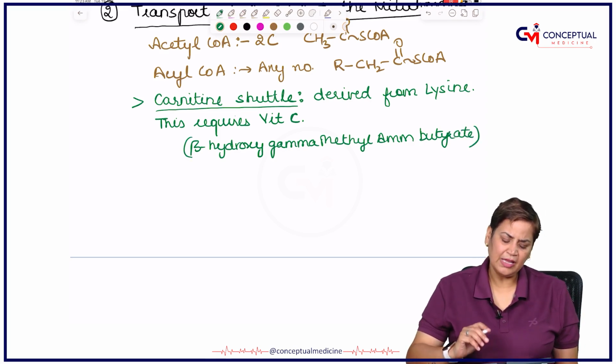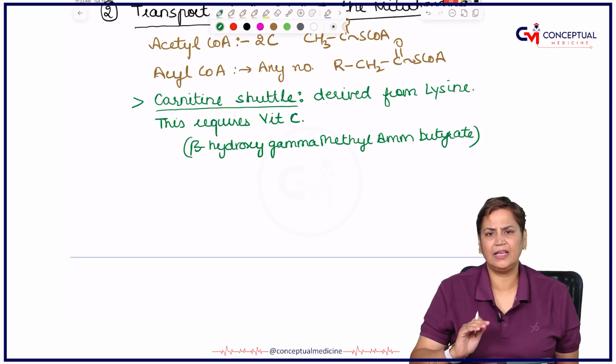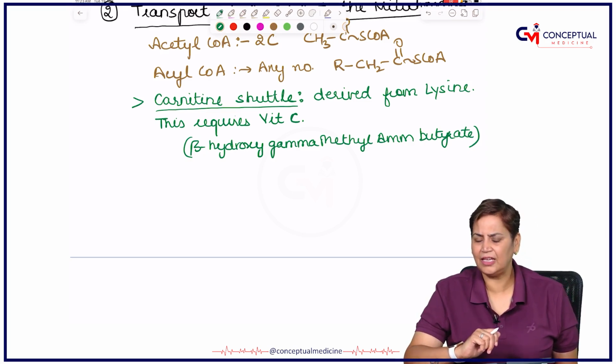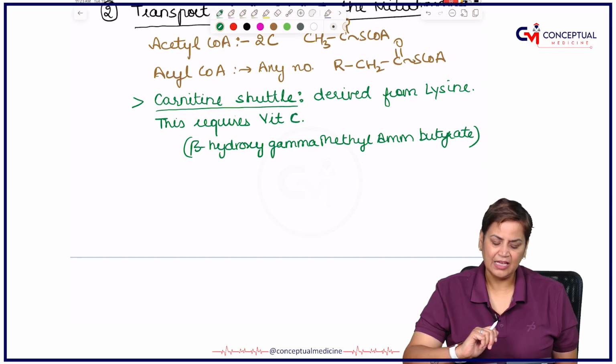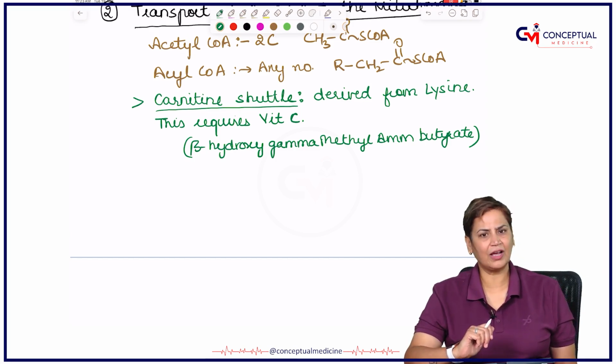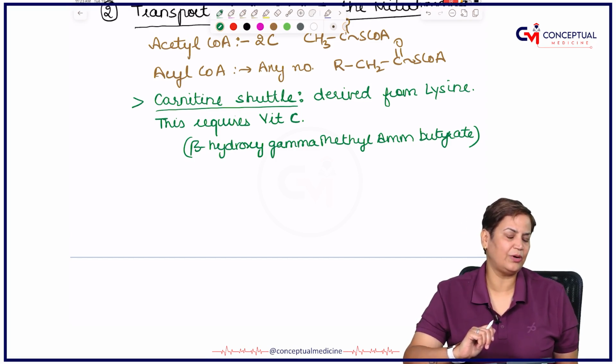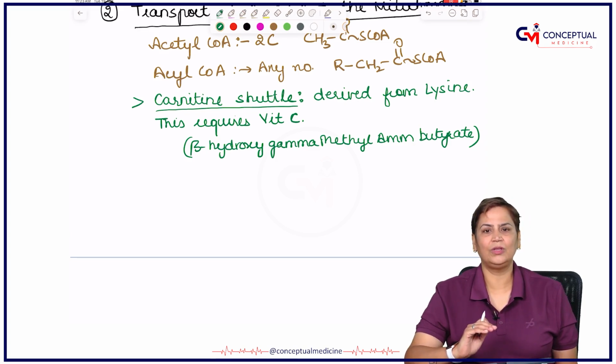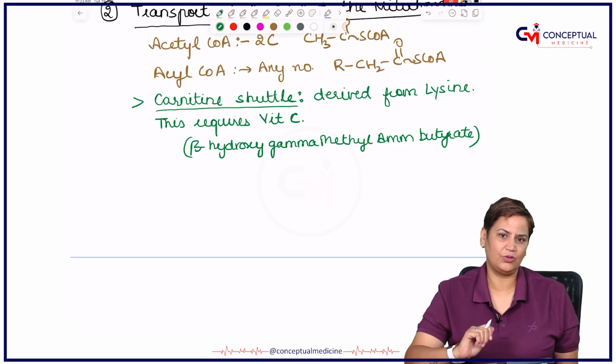So the carnitine shuttle, which is derived from lysine in the presence of vitamin C, is required for the transport of this acyl coenzyme A into the matrix of mitochondria.